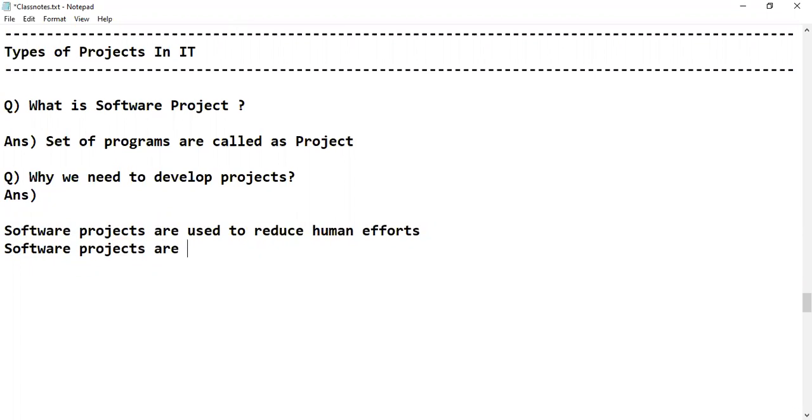Software projects are used to simplify human's life by automating the work.